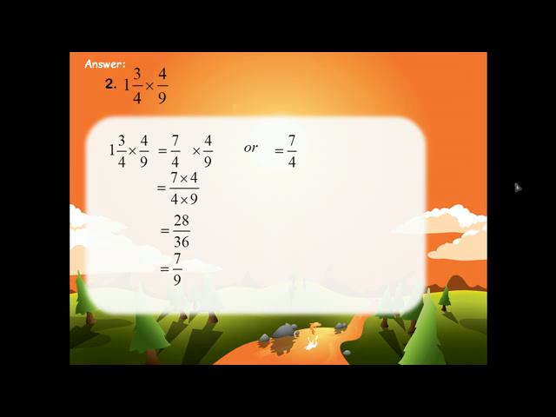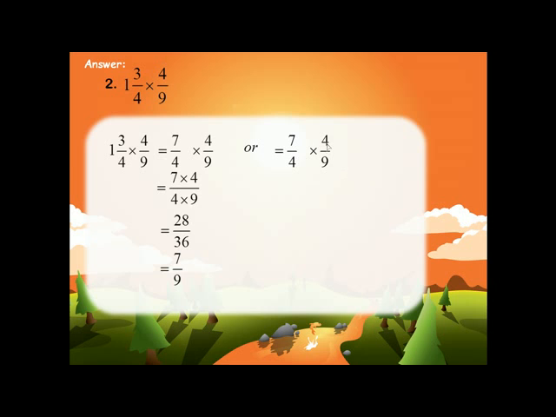Or we can simplify as soon as possible. We must transform it into simple fractions, and then look at the numerator and denominator: is there any same factor?